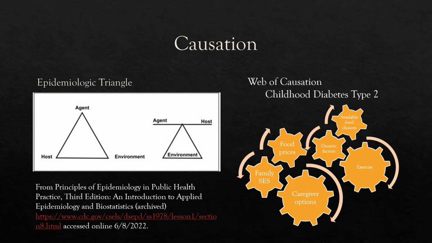So if we take something like diabetes, the agent would be poor glycemic control. The host would be people with predisposing factors, and then the environment would be those factors in the community that hinder the person's ability to control their blood sugar, and those factors can be impacted both positively and negatively by the ability of the host and the agent to balance out each other.